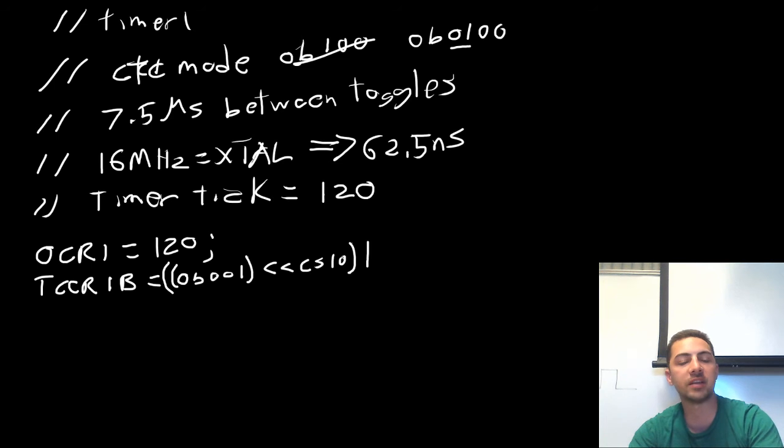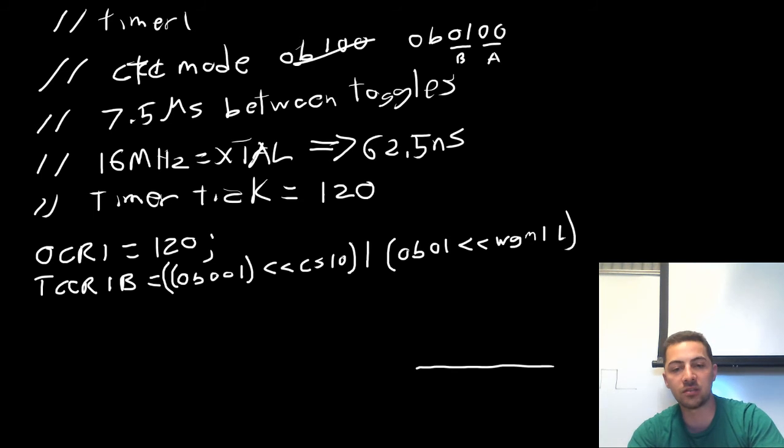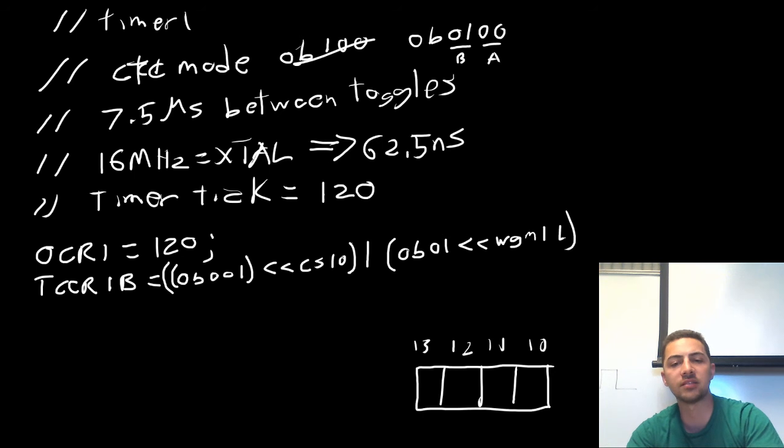Right, the upper 2 bits are in B, the lower 2 bits are in control register A. So what do? 0B01 shifted left by WGM 1 1. 1 1 because it's 4 bits total. This is 1 0 1 1 1 2 1 3. Ooh, I did mess it up.